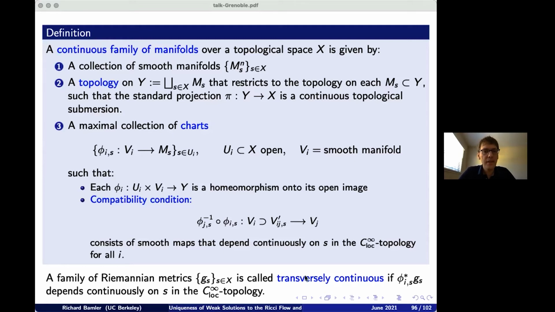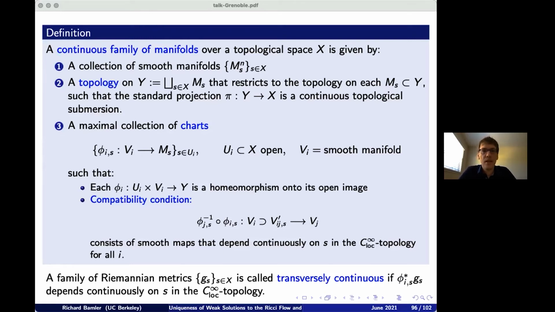And this can now be expressed just by pulling back these Riemannian metrics via these charts. Then I get a Riemannian metric on each of these V_i, and I require that these Riemannian metrics depend continuously on S in the local C infinity topology. So this is how I would define a continuous family of Riemannian metrics.